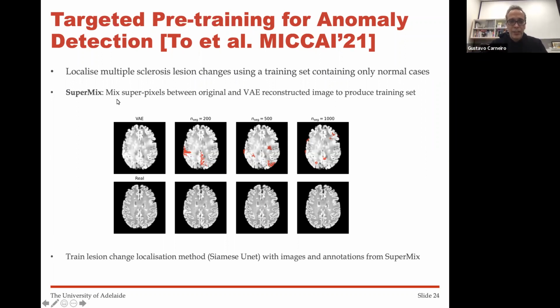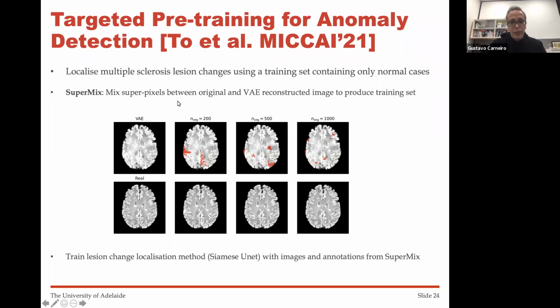Here we actually design a pre-training that is similar to the stuff that we will be looking for in the test images, right? Again, the training contains only normal images, so we had to kind of make up what an anomaly looks like. In this case, we're looking for lesion changes in multiple sclerosis images, and we only have normal images.